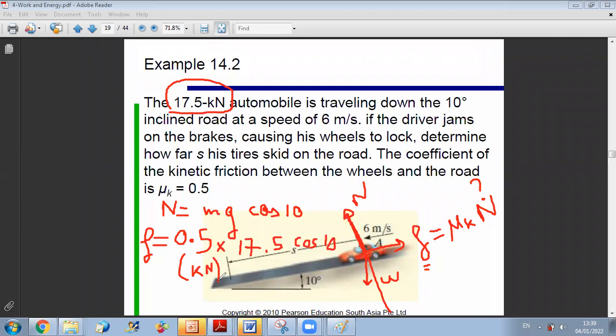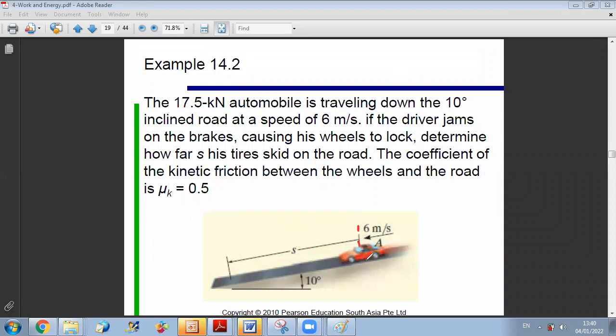Now, once you know the value of the friction magnitude, you can move to your second step. Your second step is to apply the principle of work and energy in order to find your unknown, which is s. So we will apply it between the initial state, state 1, and state 2.